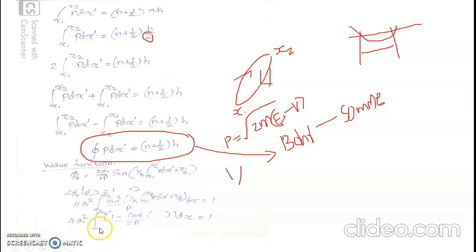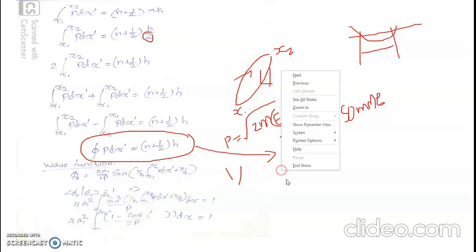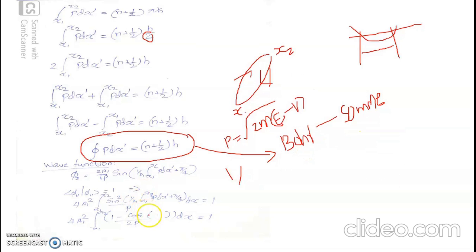For a1 square integral x1 to x2, sine square is 1 minus cos twice this angle. So 2 might be there, twice the angle. The quantity within the bracket is nothing other than this one, dx by 2p is equal to 1.